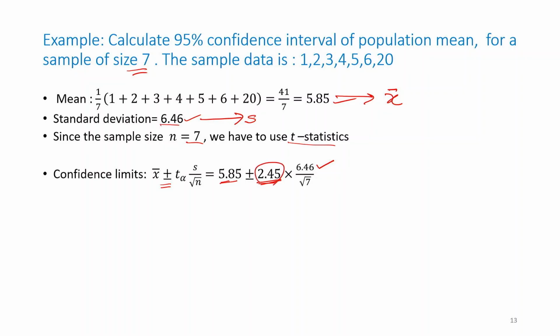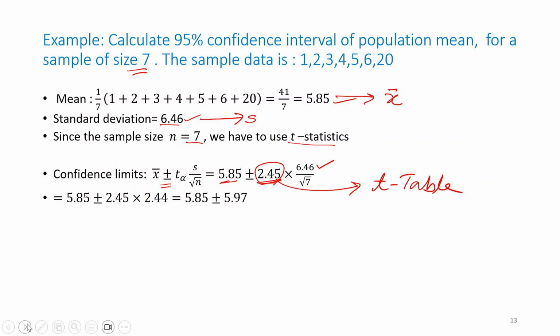So this value is coming from the t table. It is not suddenly appearing from nowhere. And we just do these simple calculations step by step.